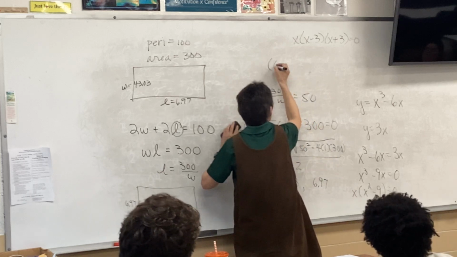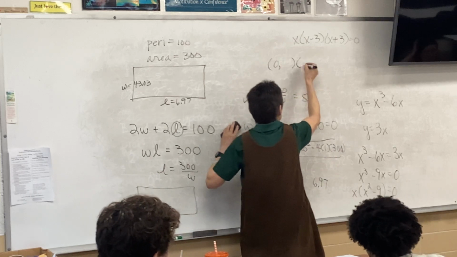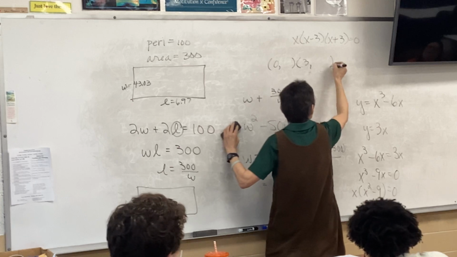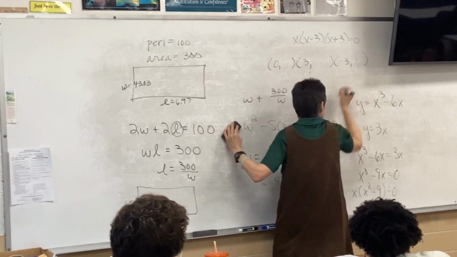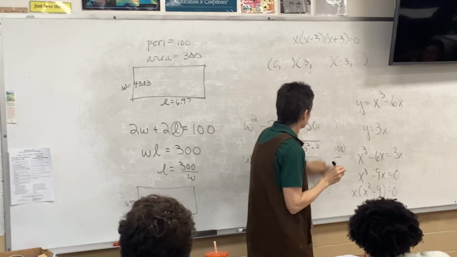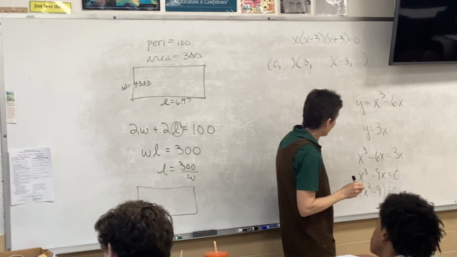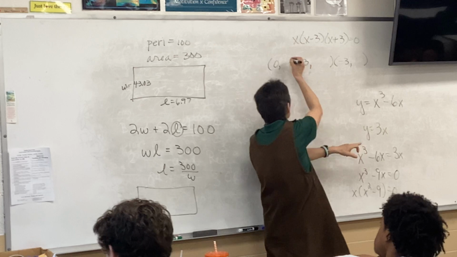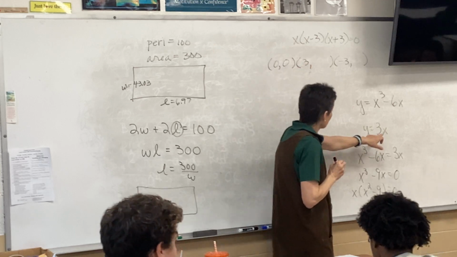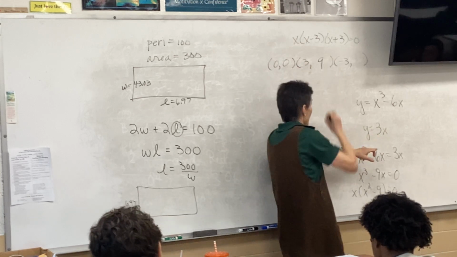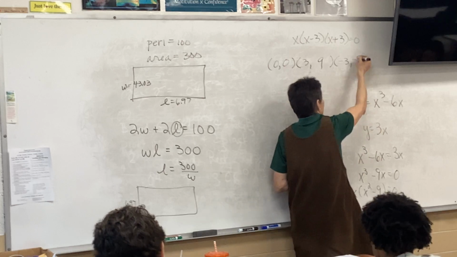That means x is either 0 or 3 or negative 3. If x is 0, so is y. If x is 3, y is 9. And if x is negative 3, y is negative 9.